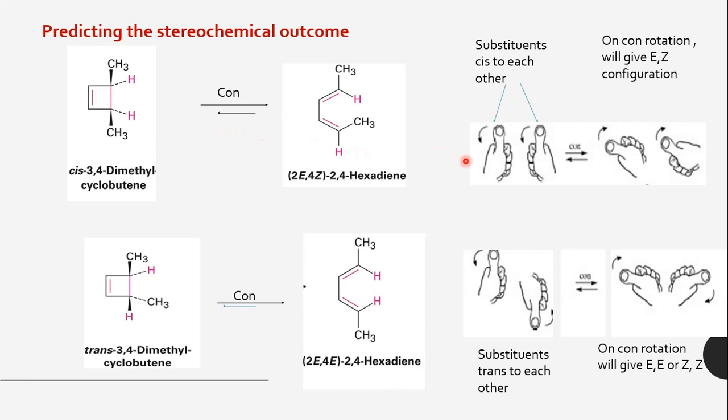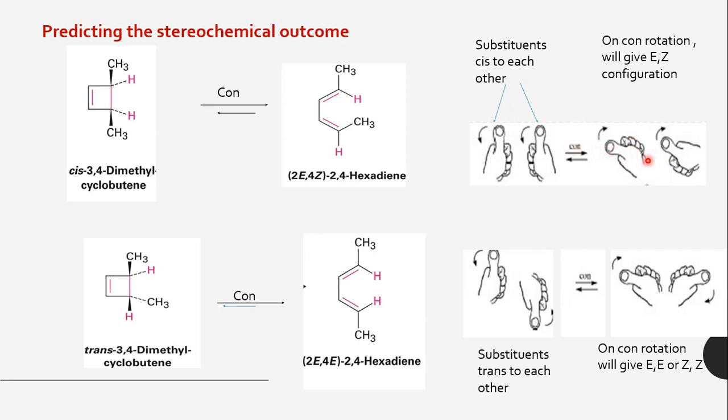This is a simple technique wherein you can make use of your palm and the thumb to orient the substituent. If I assume that this is one carbon, this is the other carbon, and this carbon-carbon bond has to break, if both the thumbs are oriented like this, that becomes the cis geometry. Now if I do a conrotation, in this case it is moving in an anti-clockwise direction, the ring opening would result in the substituents pointing in this direction.